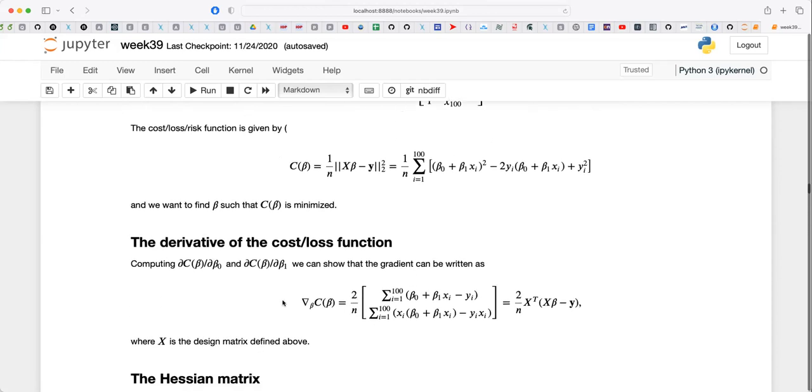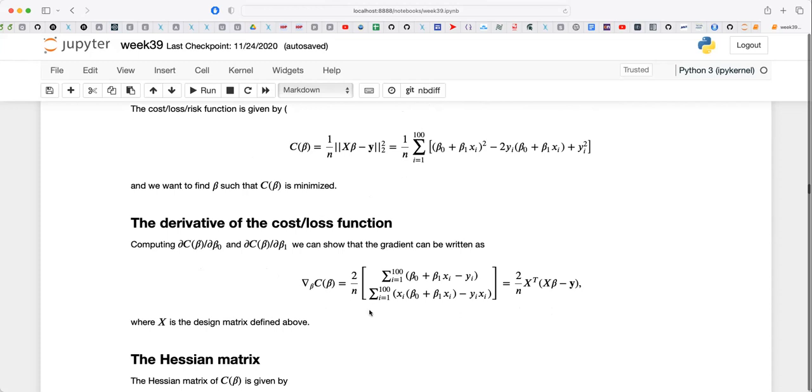I take the derivative, and you see that since I have only two parameters, I get two values for the gradient: one is the derivative with respect to beta 0 and one with respect to beta 1. Does that sound reasonable? So I have only two parameters, and this is essentially what we've been doing till now. The gradient looks like this, and we've seen that before. So this would be the equation I need to implement in my code.